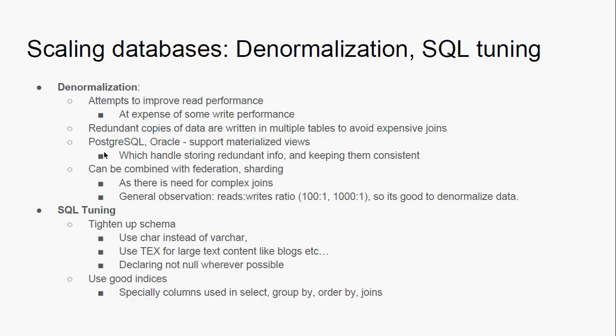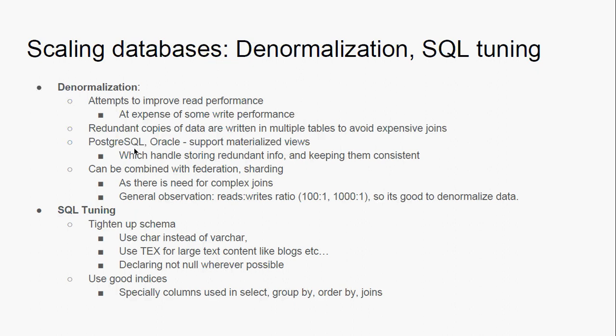Some key databases like Postgres and Oracle support the concept of materialized views. If you are doing some complex joins, since you know that it will result in an expensive read, you can create a materialized view saying that this view needs to pull data from these shards or federated databases.